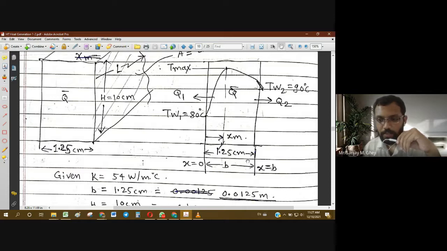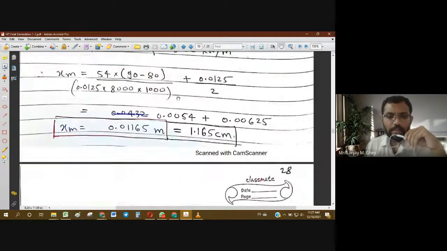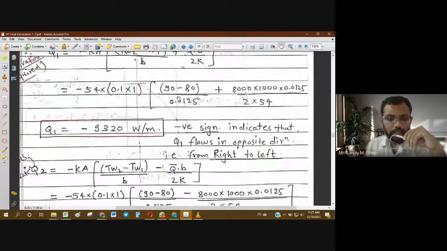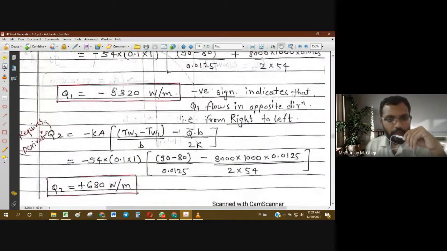But heat transfer rate Q1 is going in the opposite direction, from right to left. That is why it is coming with negative sign. Otherwise, for quantity there is no problem. The value is right, but it is negative.